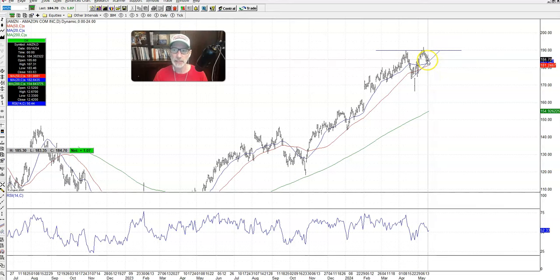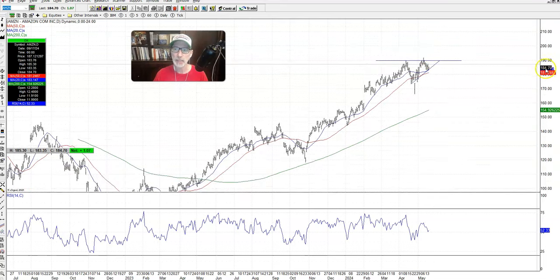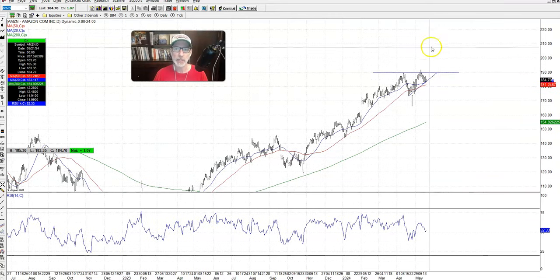If it fails, it's going to drop down below the line here, and then it will have to start the process all over again. But for right now, we're thinking it's going to remain in this little upwards triangle and then blast through. So we're keeping an eye on Amazon for the potential blast off there.